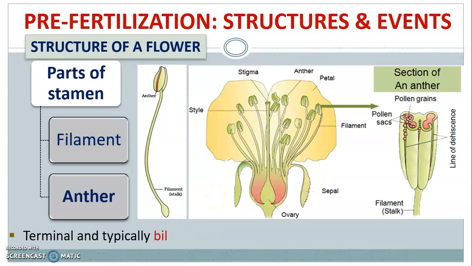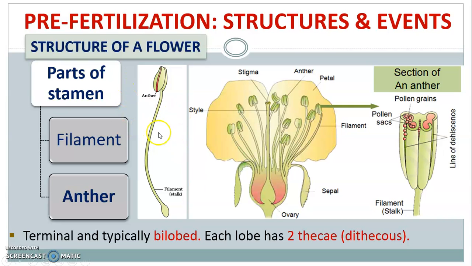Now anther. This is typically a bilobed structure. Bilobed means two compartments, so bi means two and lobed means compartment.